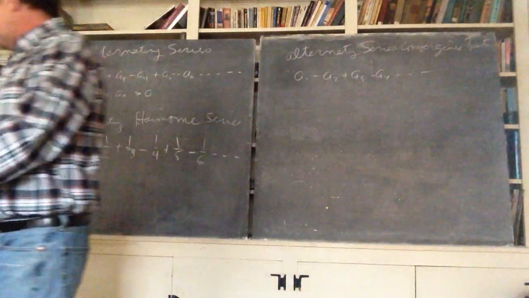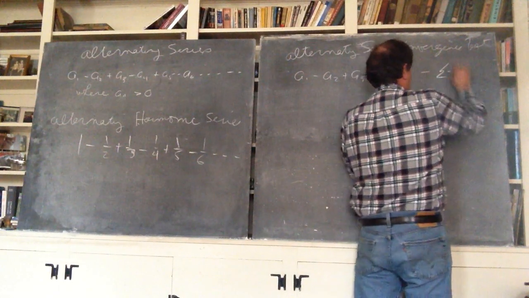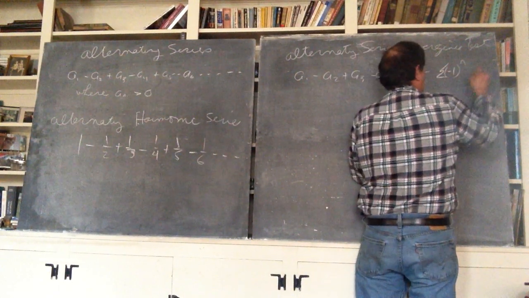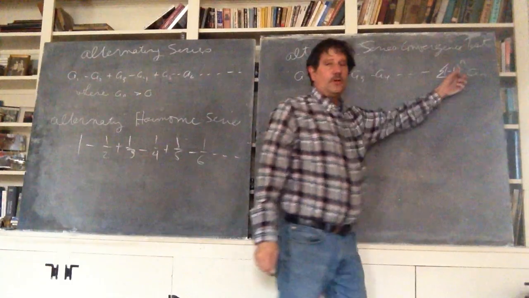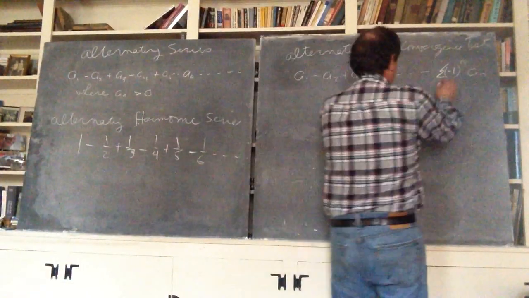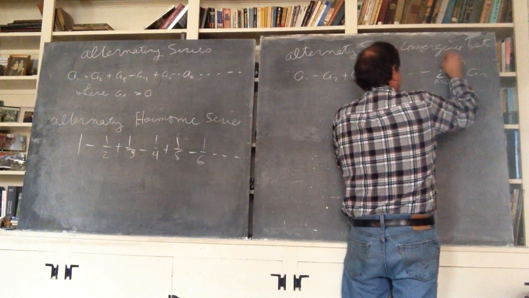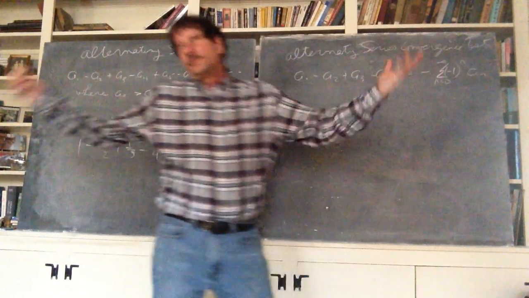We're going to write it like this: (-1)^n a sub n. This makes it alternating. The a sub n's are all positive. The first one, you'd start here with 0, I guess, but it doesn't matter.